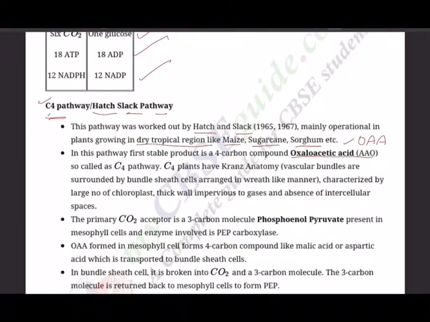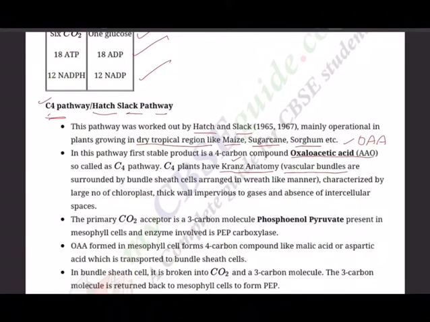C4 plants have a special anatomy, internal structures. It is called Kranz anatomy, named after the scientist who discovered it. What is Kranz anatomy? Vascular bundles are surrounded by bundle sheath cells arranged in a wrap-like manner. It's a covering.